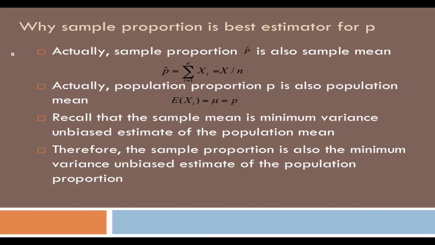So what does that mean in terms of p? If x can be viewed as sigma xi, p hat is x over n. So that means if we substitute the summation in the numerator, we get p hat is the summation of xi over n. And what does that remind you of?